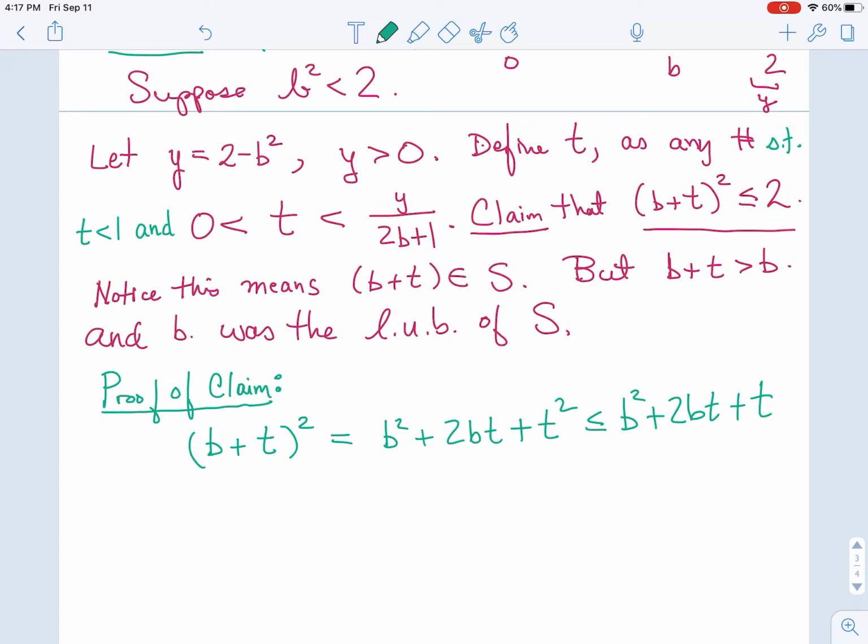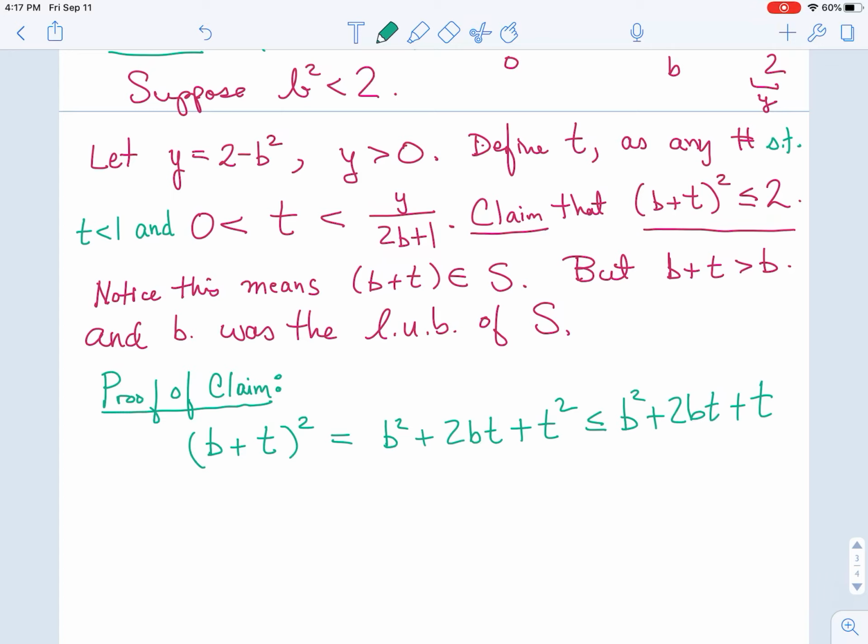Remember earlier when I said, just take half of this number on the right? Well, if you do that, and that number wasn't smaller than 1, then just keep dividing by 2 until you get to something smaller than 1. Or you could literally just let it equal 1/2 in that case. So there is always going to be a number that's in this range and definitely smaller than 1.